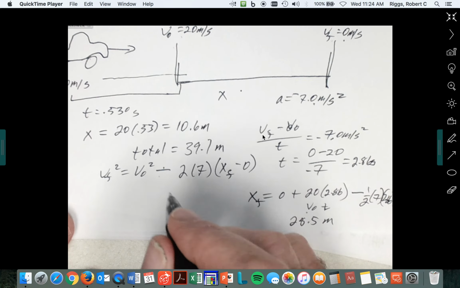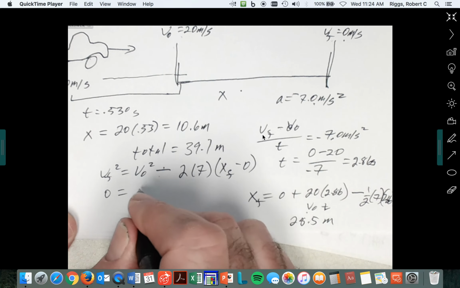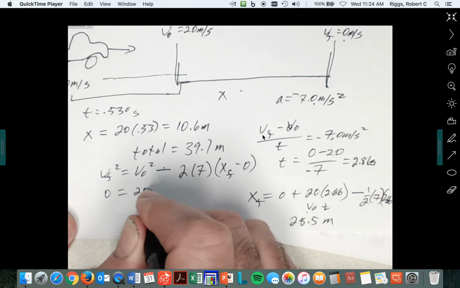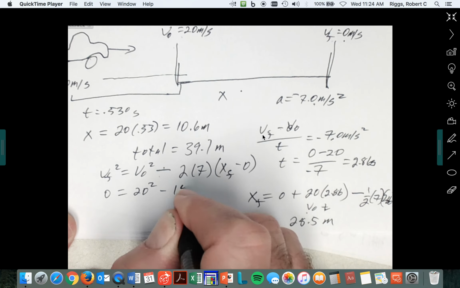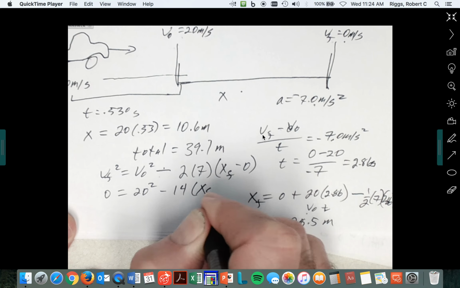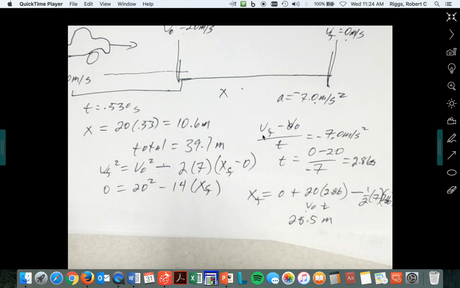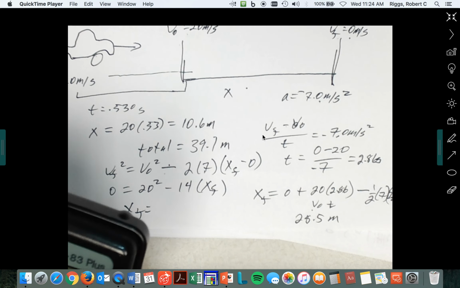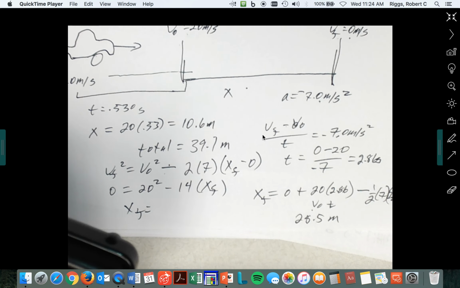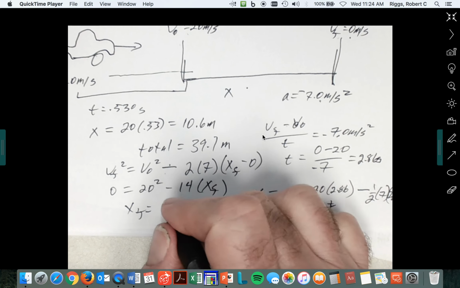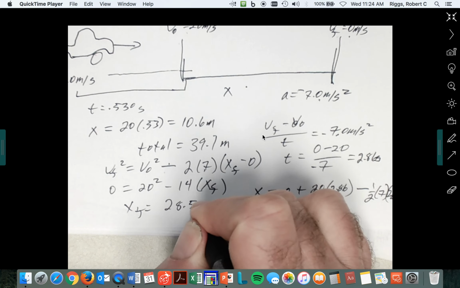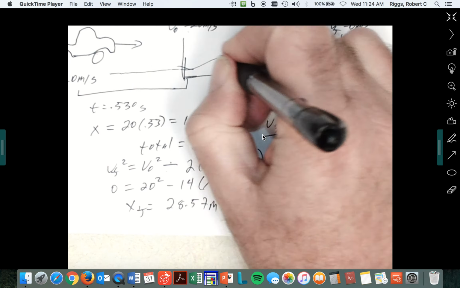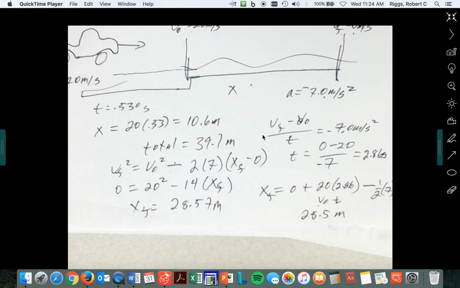So I've got 0 is equal to 20 squared minus 14 times x final. And x final is equal to 400 divided by 14. What I got before? Yes, 28.57 meters. That's for this distance, and then you had to add the other distance. Okay, that's enough for that problem. Now we're going to go into free fall.